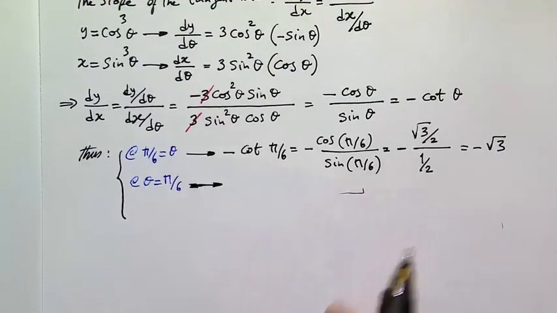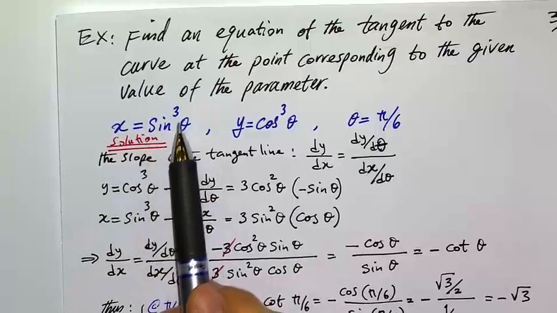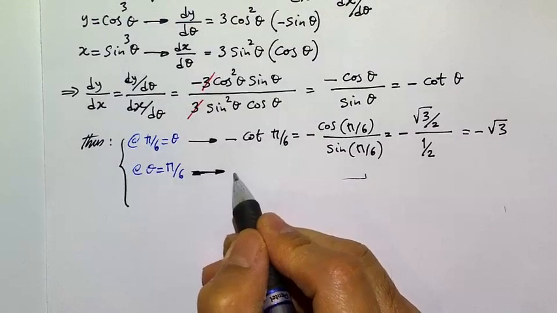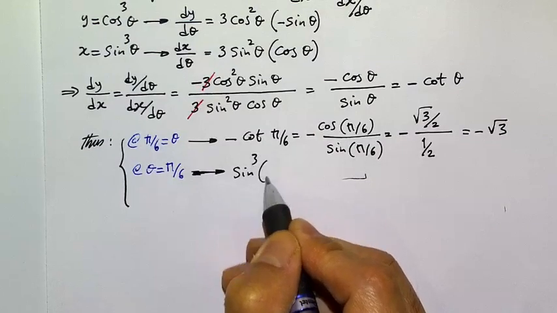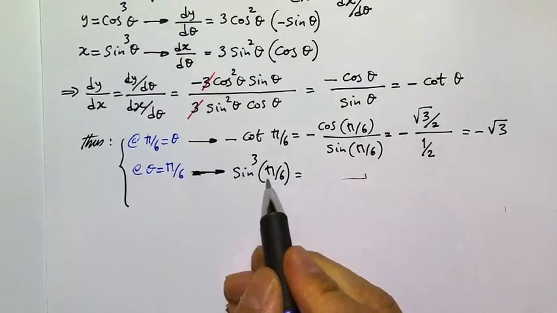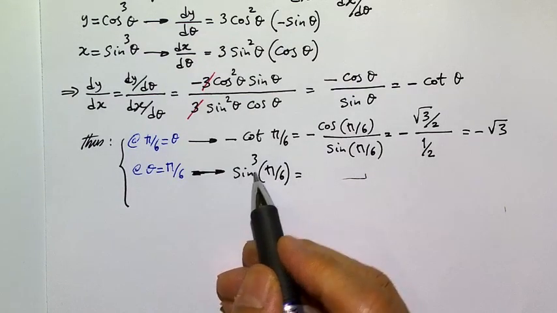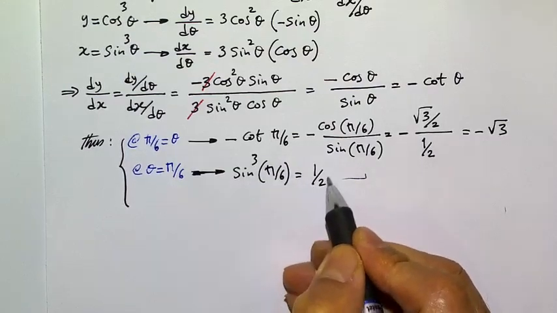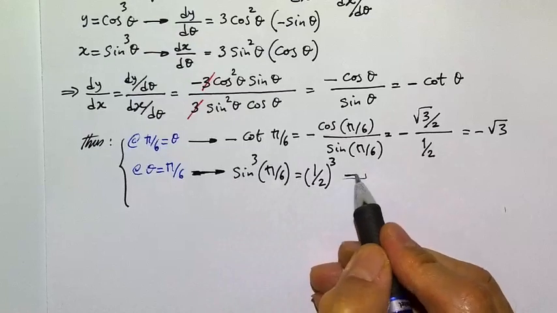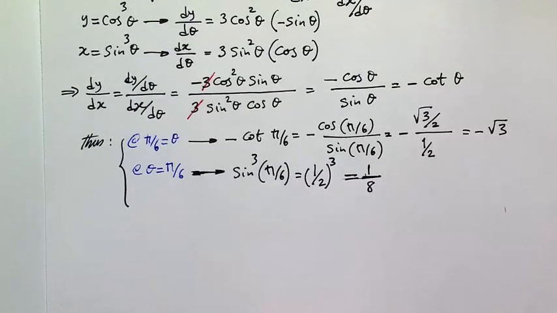Here's the expression for x, sine cubed theta. So we have sine cubed pi over 6. We know that sine pi over 6 is just 1/2, so 1/2 cubed, and of course this is 1 over 8.